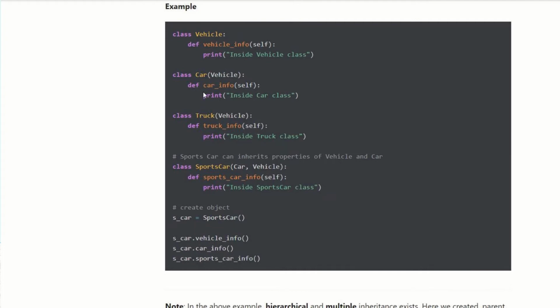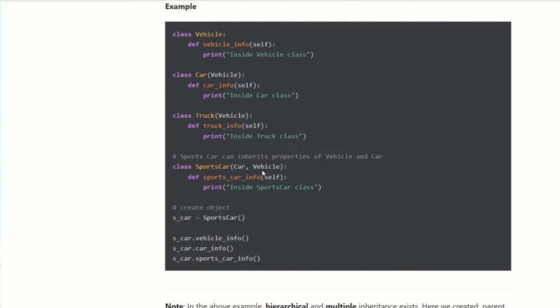So this is hierarchical inheritance. And here, we have also class sports car which inherits the properties of car and vehicle. So what is this type of inheritance? So na usa ka child class and then duha ka parent class. Sa may tawag gani?